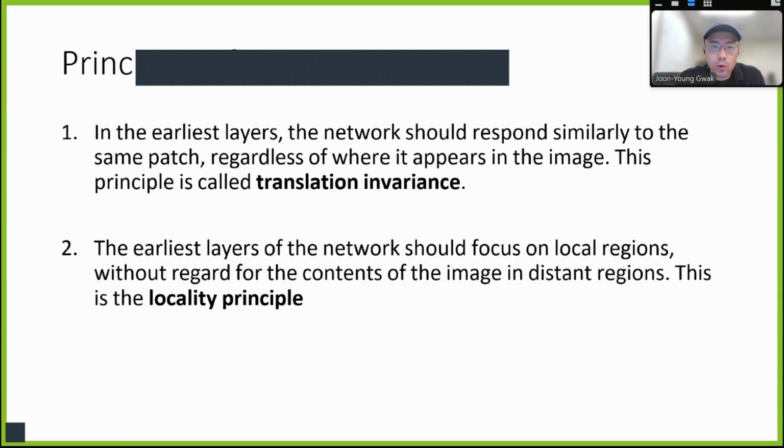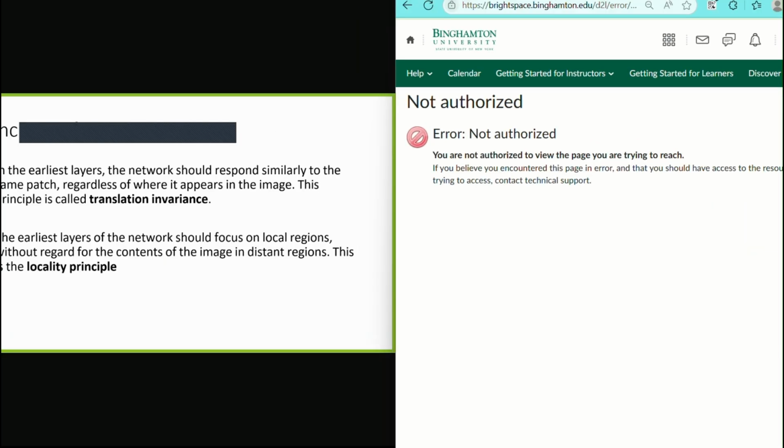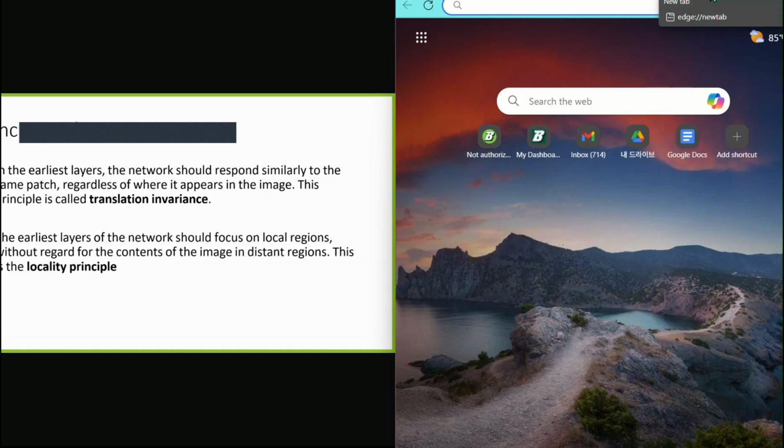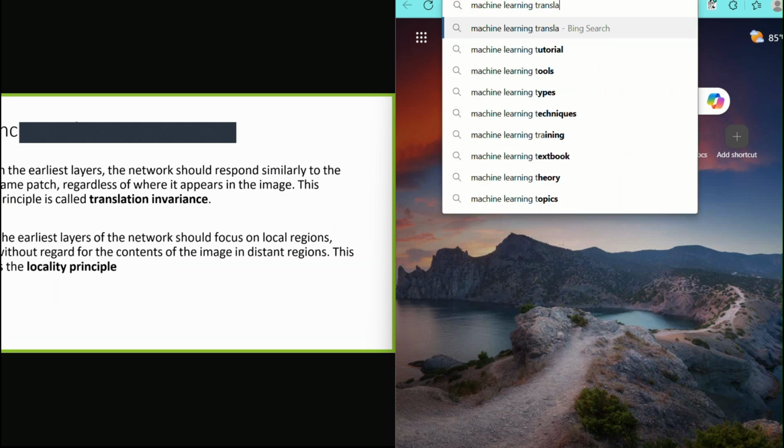Okay, so the principles of the CNN, which you may have already gone over. The first one is translation invariance. At a higher level, translation is basically the object moving, appearing in different locations within the image.